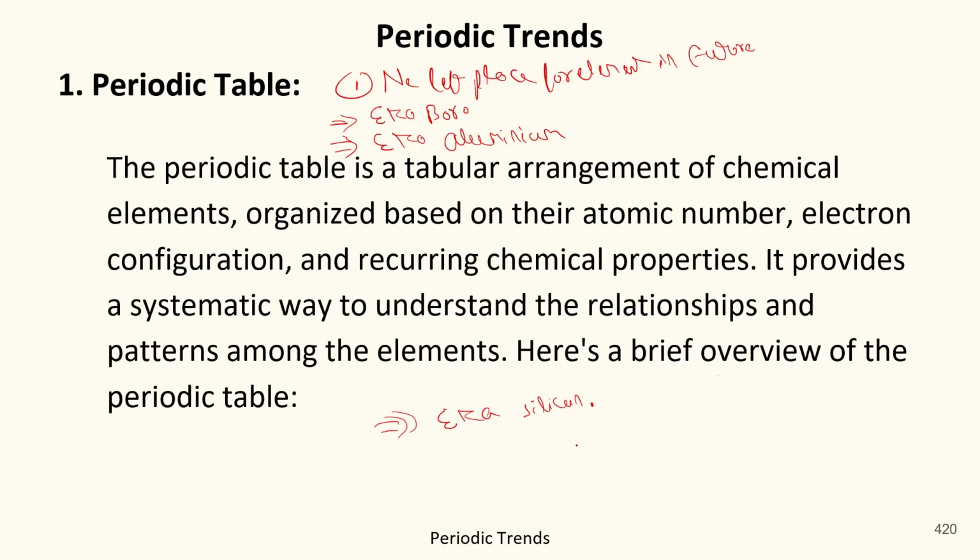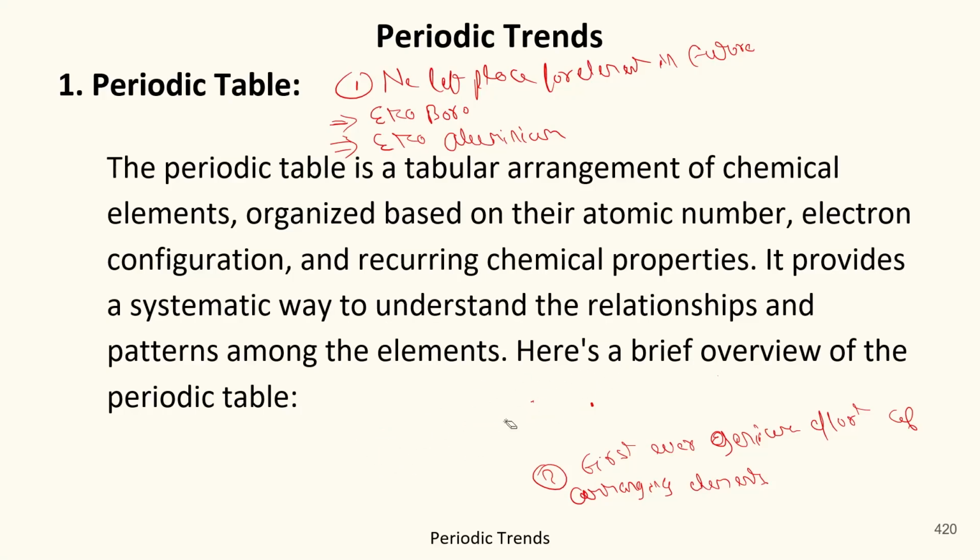The second point was the first ever genuine effort of arranging elements. So he made the first ever genuine effort to arrange the elements. So these were about Mendeleev's periodic table.